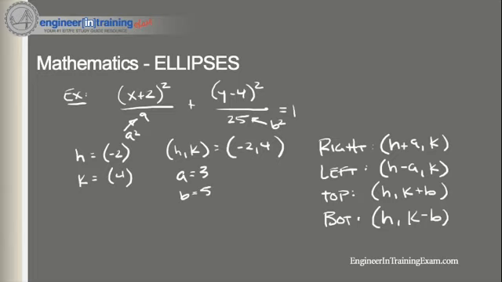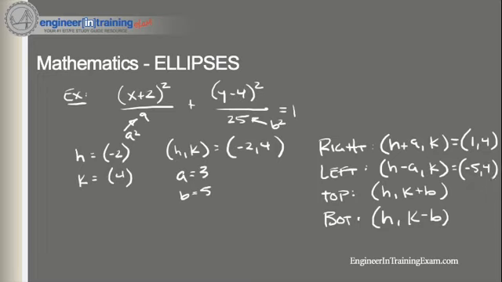So all we need to do is plug in our information. For h plus a, h is -2 and a is 3, so we're going to have 1, and we know k is 4, so the right point is going to be (1, 4). Then we have h minus a. H again is -2 and a is 3, so we get -2 minus 3, which is -5, so (-5, 4).